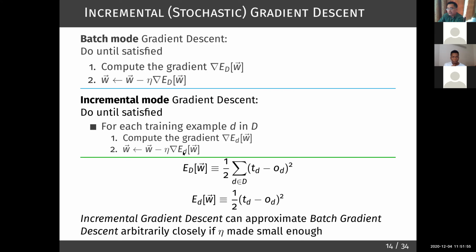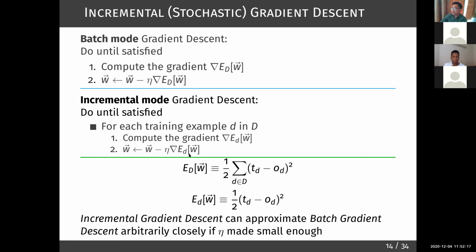What does it mean? It means that we use the error term based on all the information from the data set. But here we use the gradient of the error based only on one value of the data set.